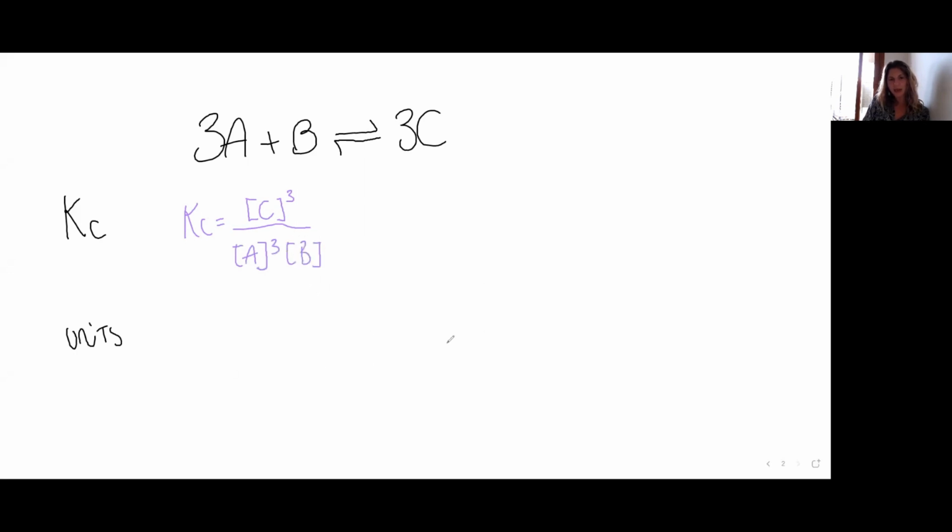Doing the extended method, if we wanted to work out the units, instead of mole per decimeter cubed I would write the molar concentration symbol, that big M. So we would have M to the power of 3 at the top, because we have a concentration to the power of 3, divided by M to the power of 3 times just 1 M, which is the unit of B. Simplifying this, the M to the power of 3 cancels out, leaving 1 over M, but we don't want to keep the fraction, so we take the power of -1.